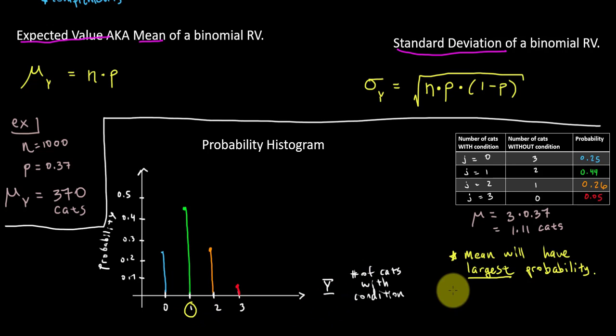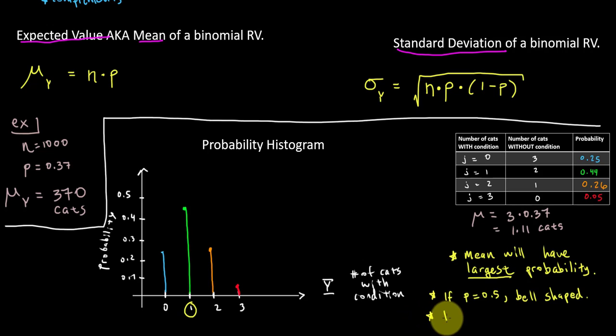If, say, our event probability was 0.5, we would have a bell-shaped probability mass function here, because then this would be perfectly symmetric.